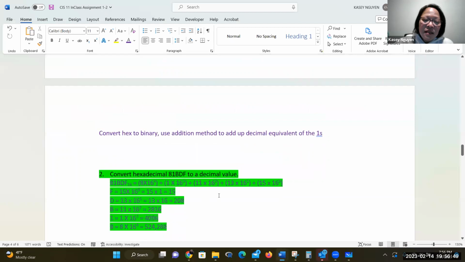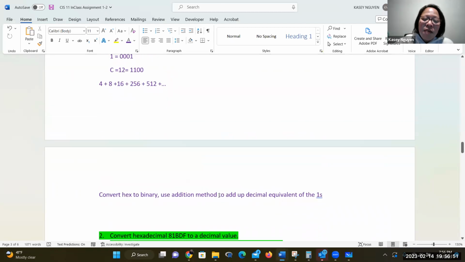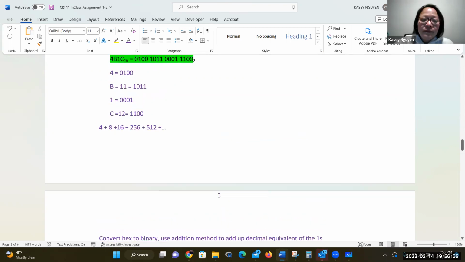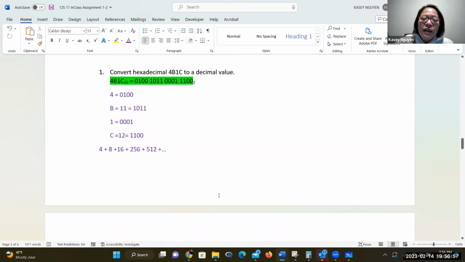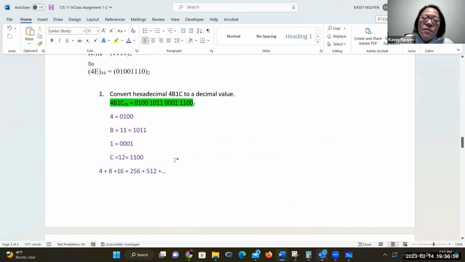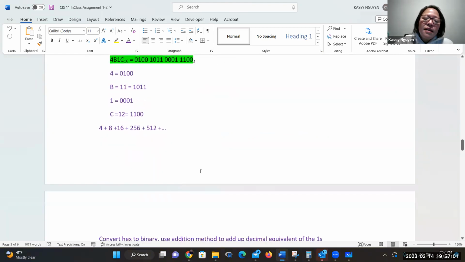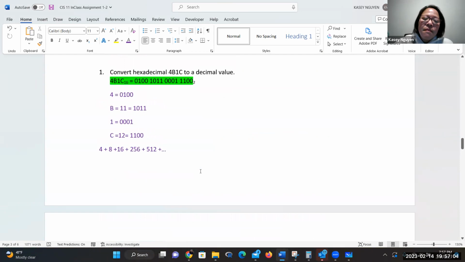So I wrote this down. Now we're going to go in reverse. Okay, so in number 1, I put a little note here because in the prior semester they asked me how is that going to be equivalent to a decimal value?